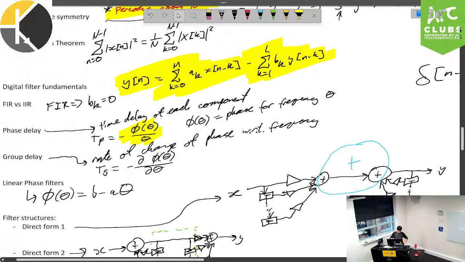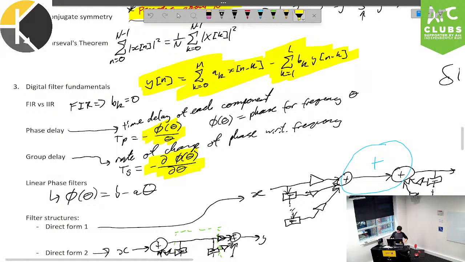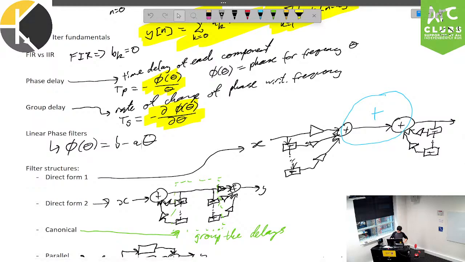This helps you calculate it. All right. Next up, we have group delays, which just supplies a rate of change of the phase delay. Okay? Fantastic.